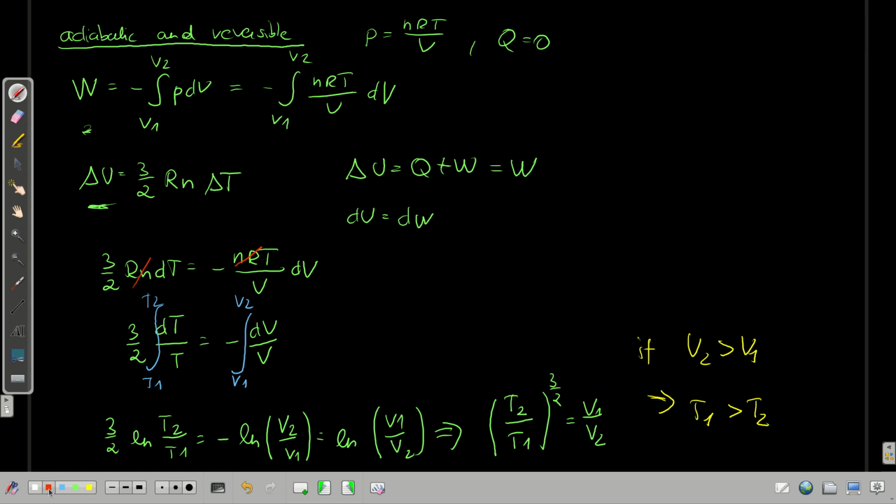So if no heat exchange is allowed, the gas has to pay a price, so to say, for the volume expansion. This is useful to remember when studying further examples.